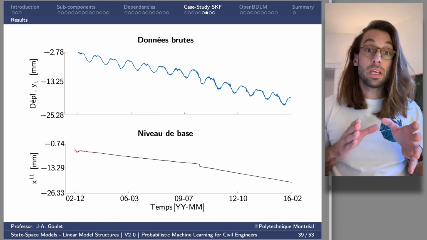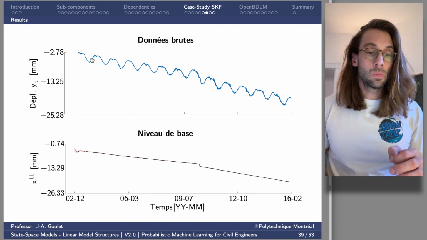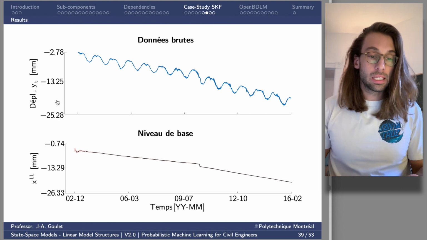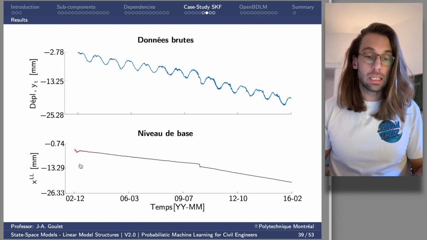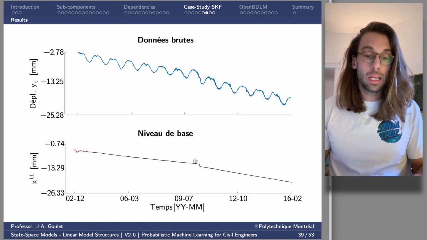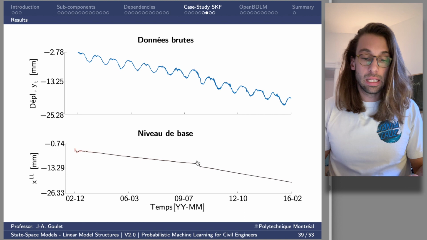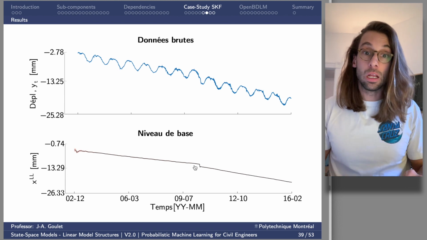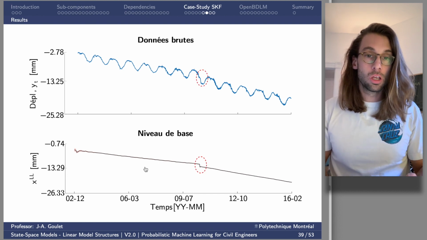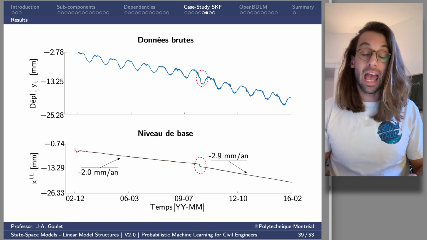What we can see here, as a function of time, with the vertical axis being the raw data in this case and the baseline in this case, is a jump. On that jump, something happened on the structure, and using our hidden state, notably the rate of change of the structure, we can look at the rate of change before and after intervention.